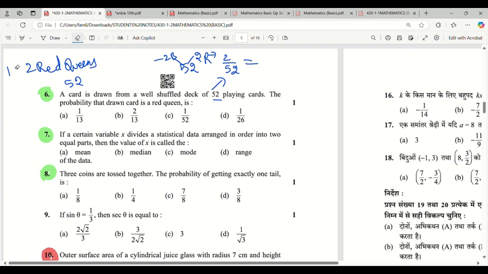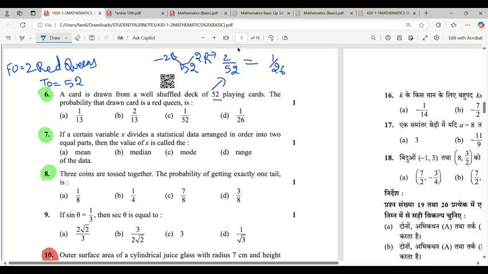This is the favorable outcome, and this is the total outcome, 52. So 2 by 52 will give you 1 by 26. Here the 2 indicates the two red queens.